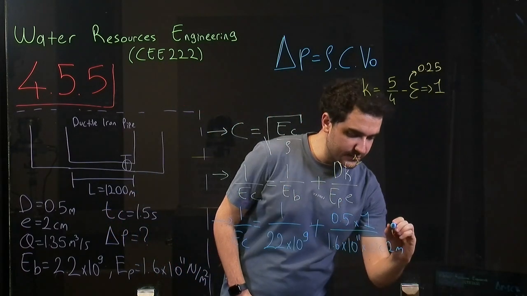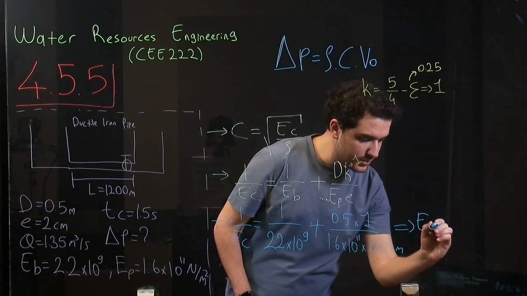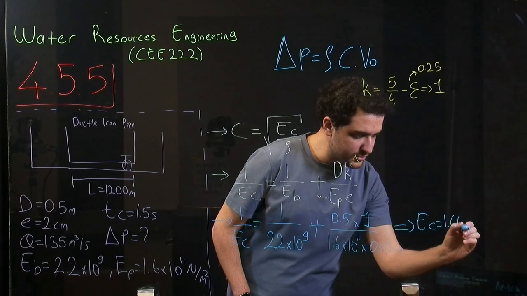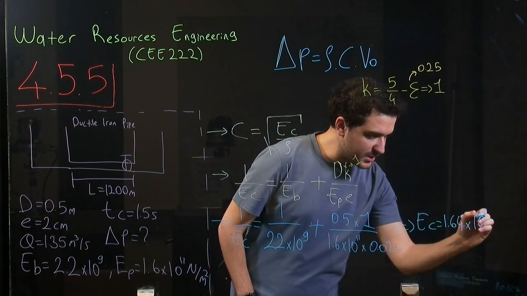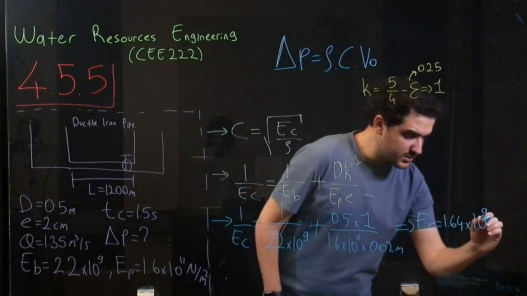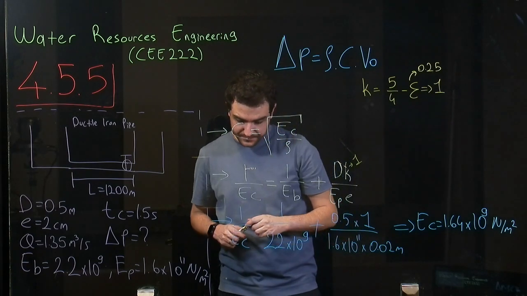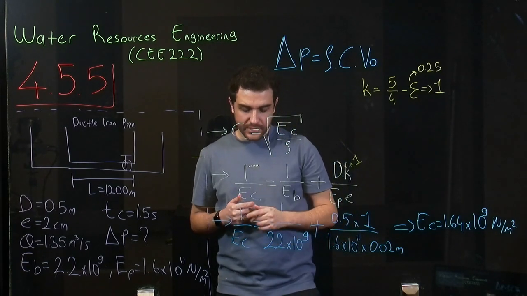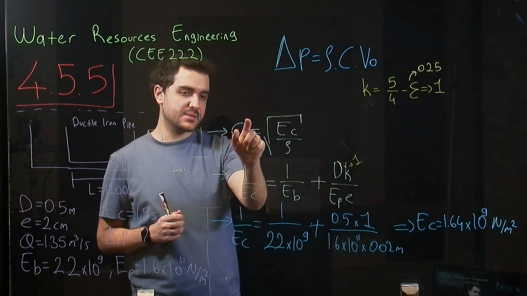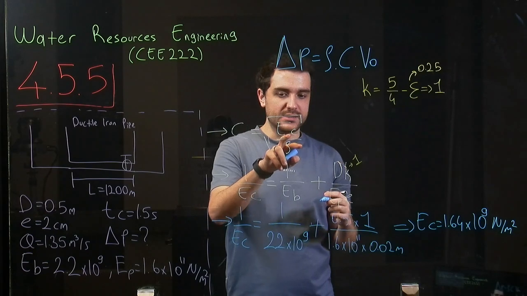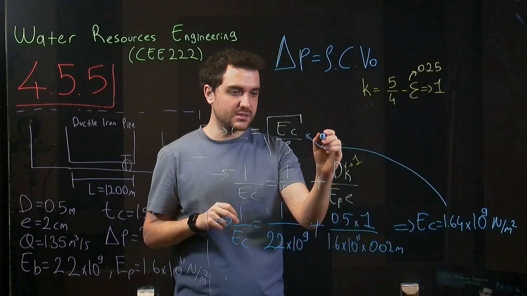And from that we can calculate EC, 1.64 times 10 to the power of 9 Newton over square meter. And now we need to find the speed of wave, and it contains this EC value, so we are going to just replace it.